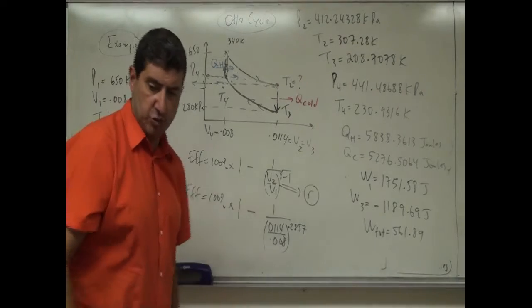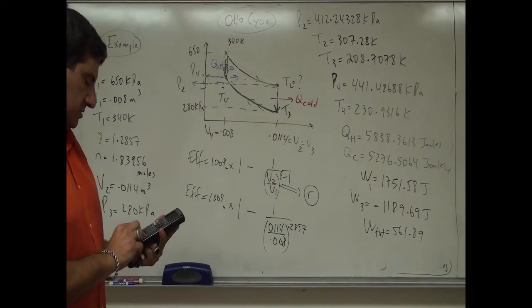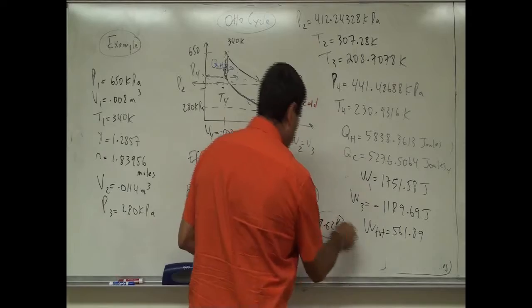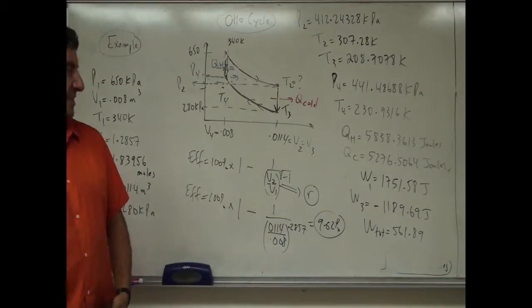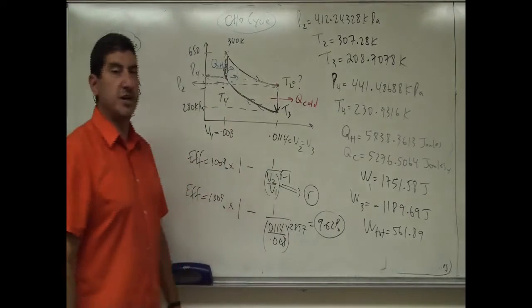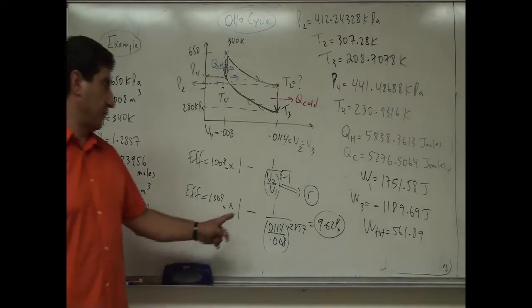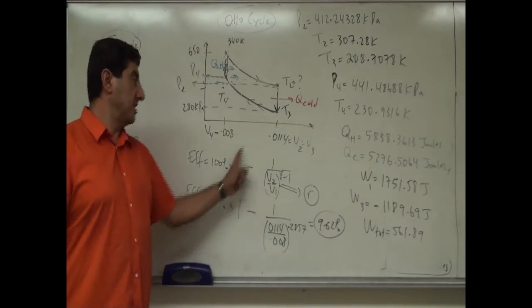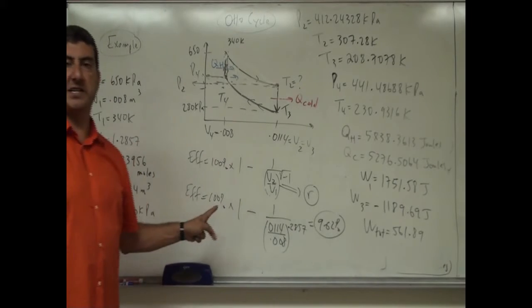What is my compression ratio in this example? Notice it gave me the same answer as when I took the work and divided it by QH. They agree. So for the Otto cycle, this is the alternative way of finding the efficiency.